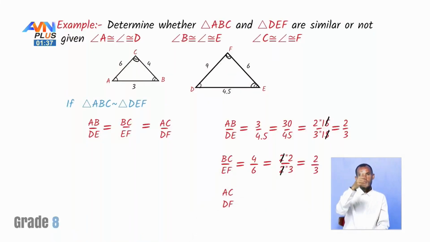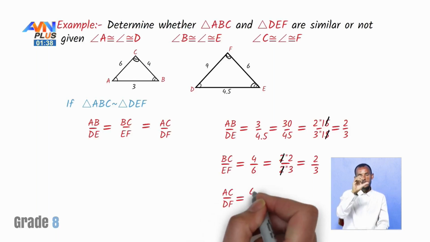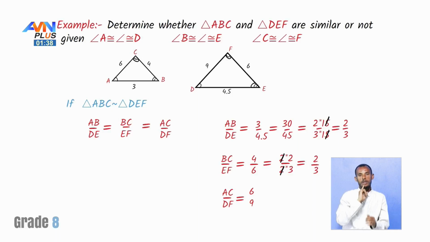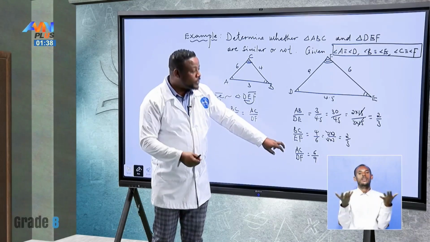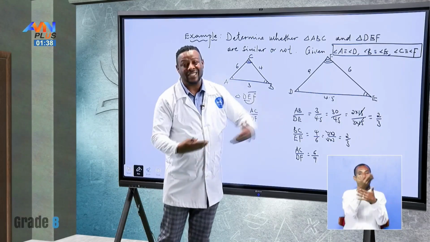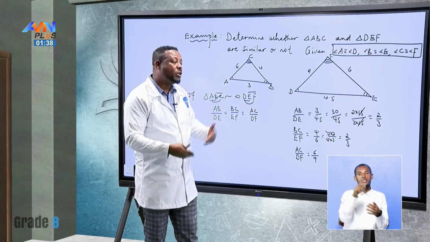AC over DF is, if AC is 6, and DF is 9, okay? Now you need to write this in the simplest form so that we can see whether they are the same or not.